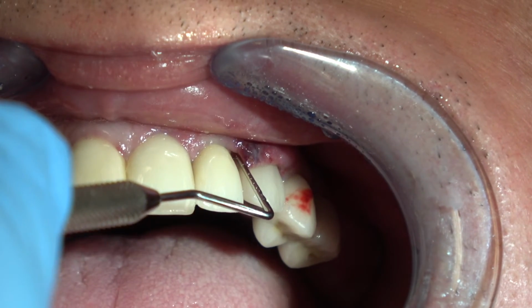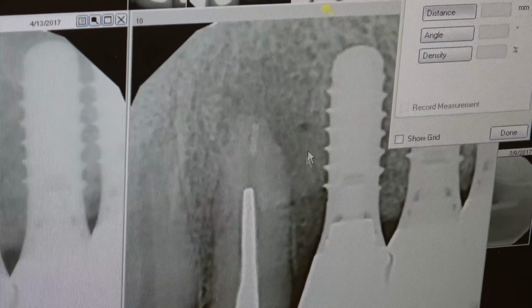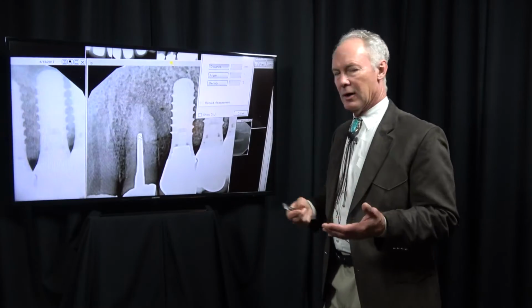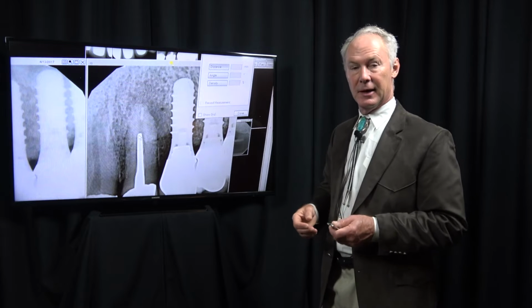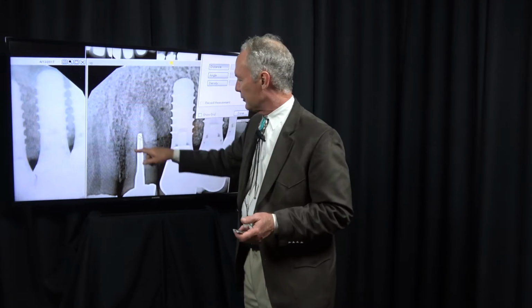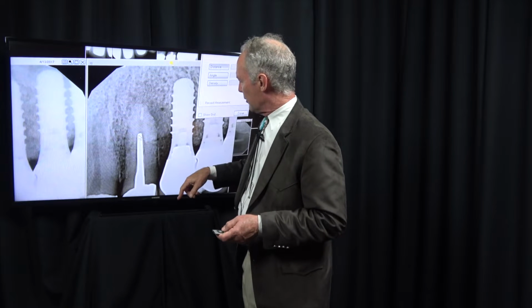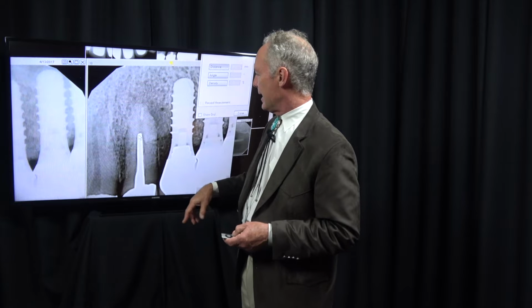Tooth is about class 2 mobility. You can see we've had endo and a post. Now you worry in a case like this that the tooth may have a vertical fracture, but it seems like it may have a horizontal fracture, and often the horizontal fracture is right at the tip of the post. So I'm wagering that is the issue.